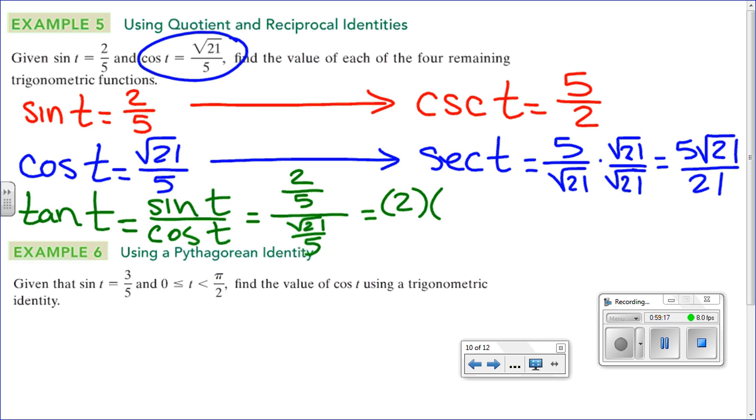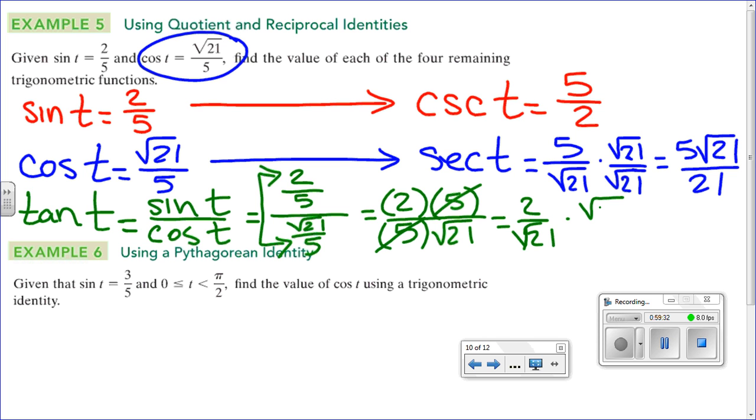That will give me 2 times 5 if I multiply the outer quantities, and then the inner quantities, that will be 5 times the square root of 21. Here we can cancel the 5's. We'll have 2 over the square root of 21. And then if we rationalize it by multiplying the square root of 21 top and bottom, we'll get 2 times the square root of 21 over 21.